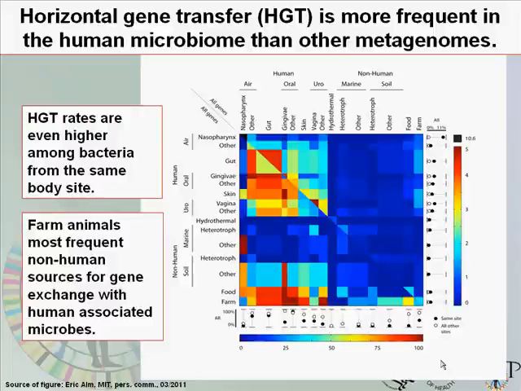That's where you see the really red bars. And the second panel here, farm animals are the most frequent non-human source for gene exchange with human-associated microbes. So that's two take-home messages. There's lots of horizontal gene transfer occurring in the microbiome, and the most important source of genes is coming from farm animals.